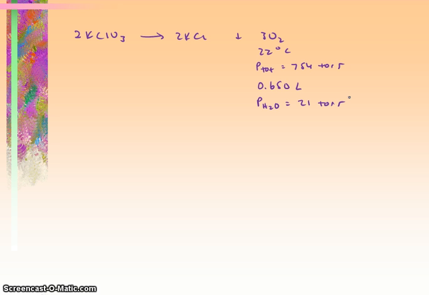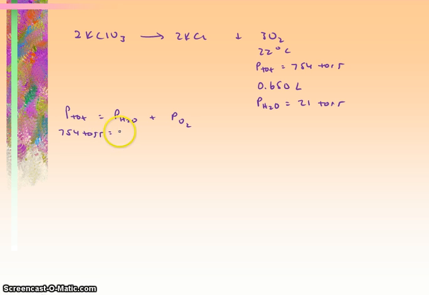Well, the first part of the question is actually really easy. We want to find the partial pressure of the oxygen gas. Well, the total pressure equals the partial pressure of the water vapor plus the partial pressure of the oxygen gas. It gives us the total pressure, 754 torr.